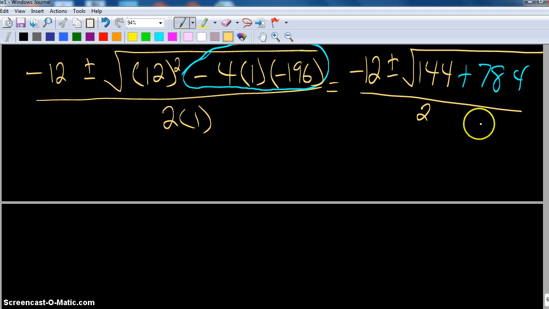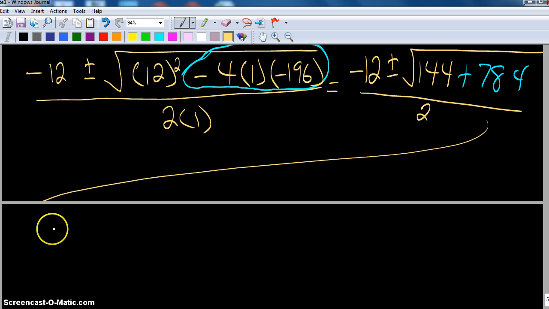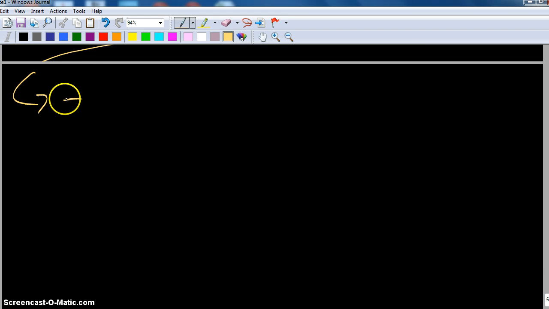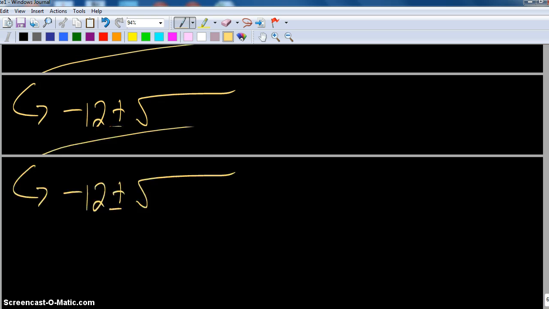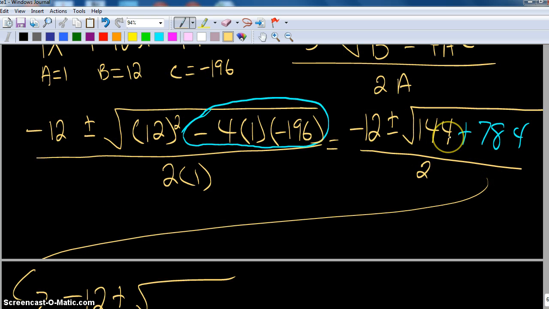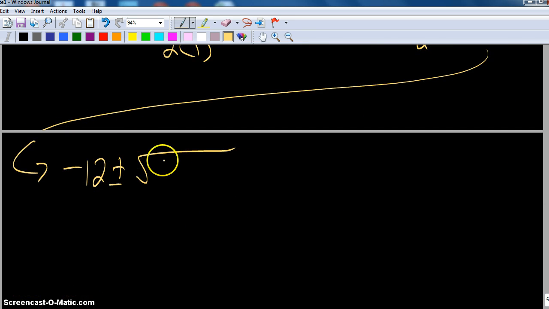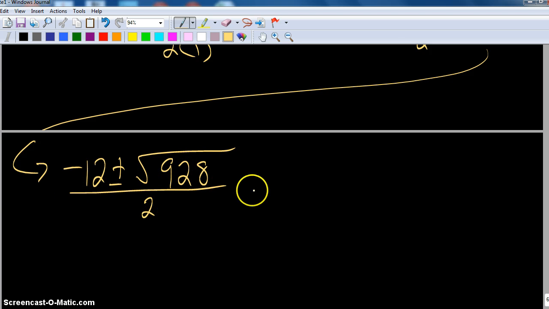So I'm going to work over here. I'm going to write it again. Negative 12 plus or minus the square root. And I'm going to fix this over here. 144 plus 784 is 928. This is 928 divided by 2.